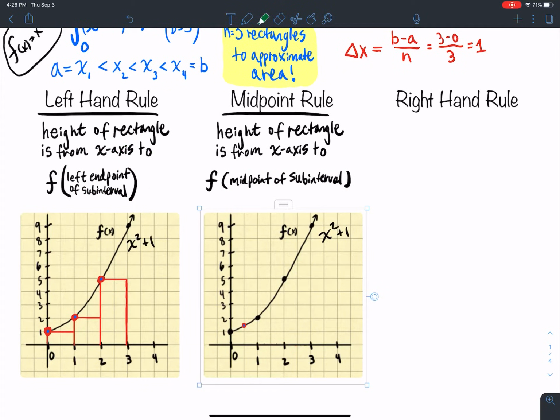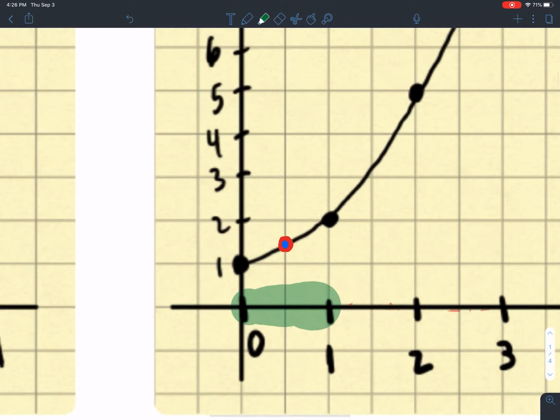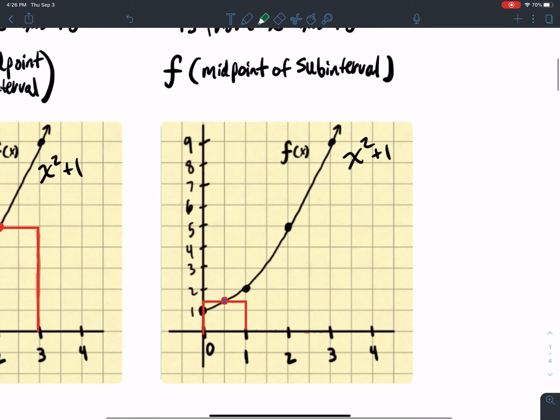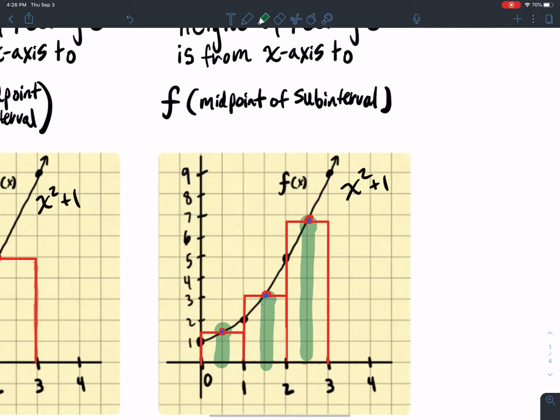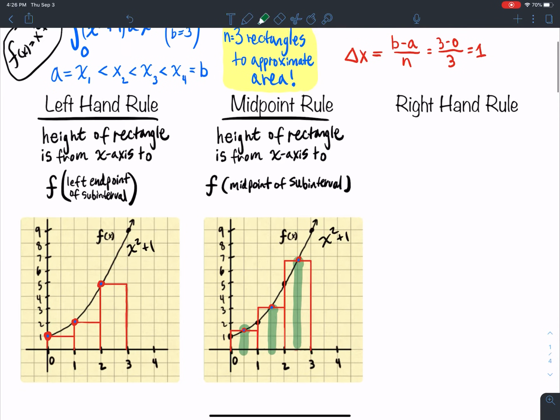The midpoint of this first interval is right there, and I plug in right there to get this rectangle with a height based off of the input of the midpoint. The next one has a height based off of that midpoint input, and then the last one is based off of that midpoint input, okay?